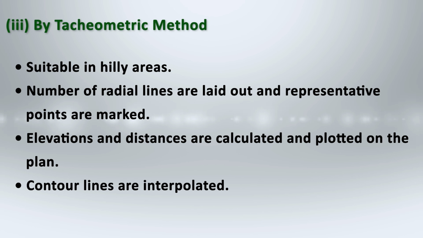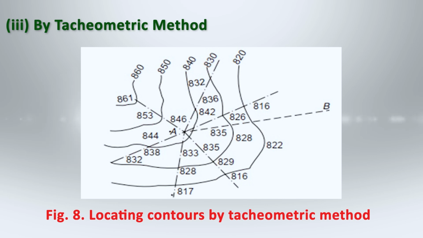Let us see the last indirect method, called the tachometric method. This method is most suitable in hilly areas, as the number of stations which can be commanded by a tachometer is far more than those by a level, and thus the number of instrument settings is considerably reduced.